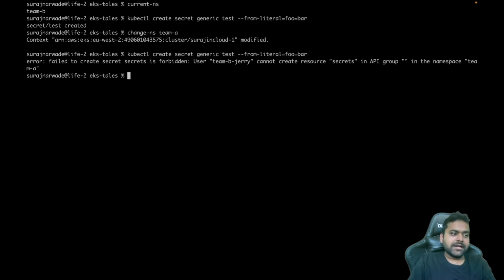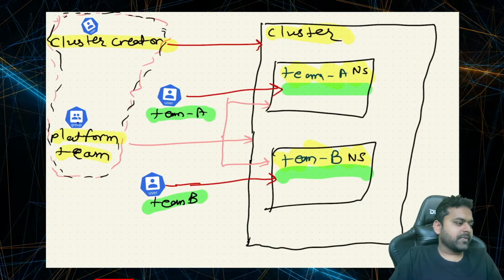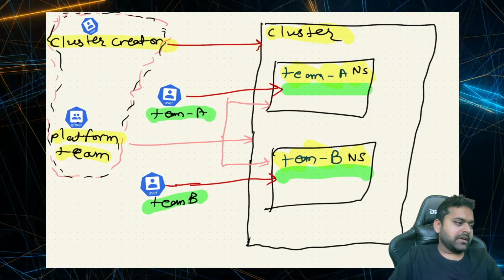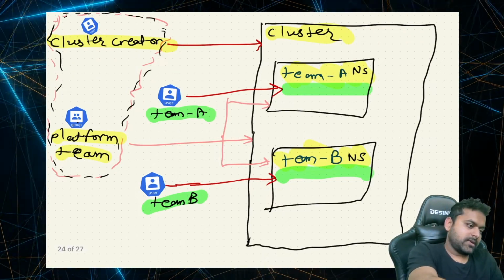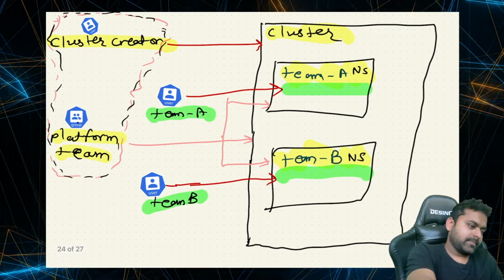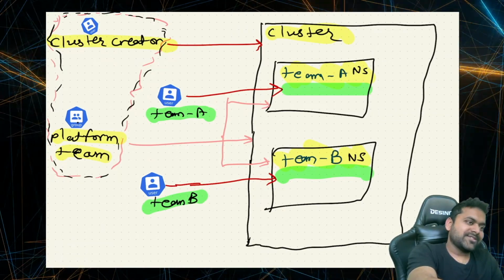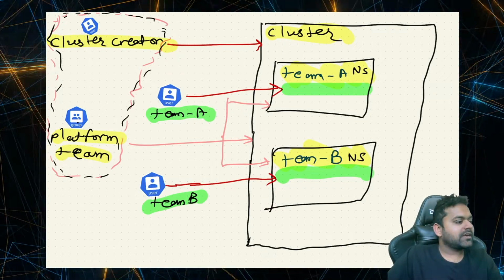So as per the diagram we saw, if we go back to the diagram, now team, oh, something's happened to my pen. Oh, my stylus is not working. Yeah, it's working now.